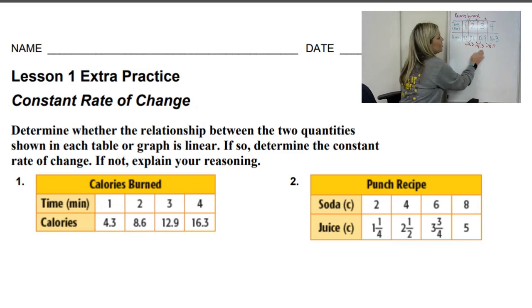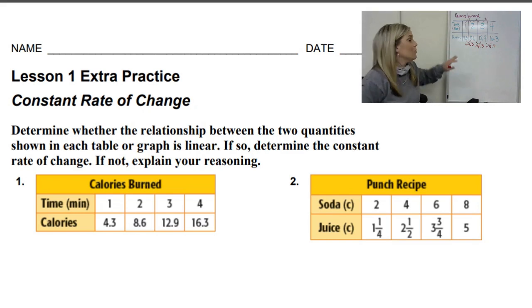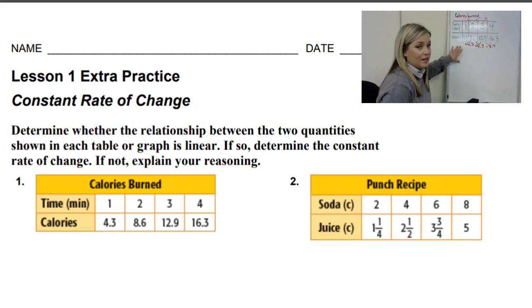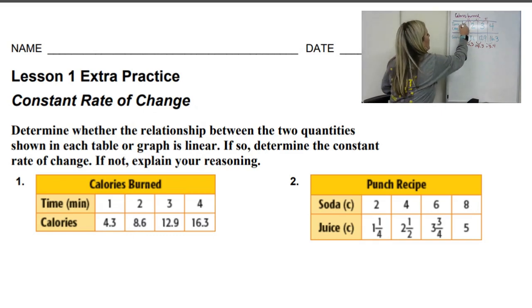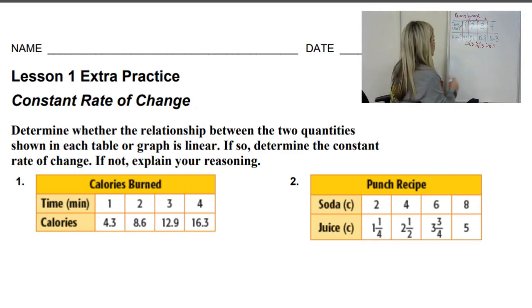It's 4.3 here, 4.3 here, but over here in the 3 to 4 minutes, when we transfer from 3 to 4 minutes, we're only going up 3.4. So this example would not be linear because if you plotted this, if you looked at this as your X and your Y, and you went on a coordinate plane, these are your X's and your Y's are up and down.